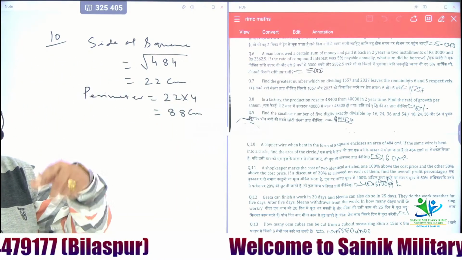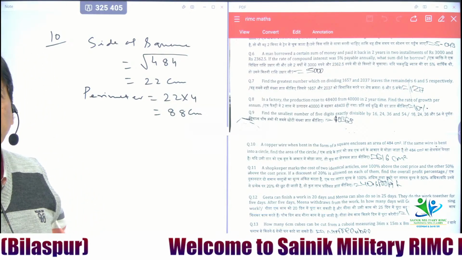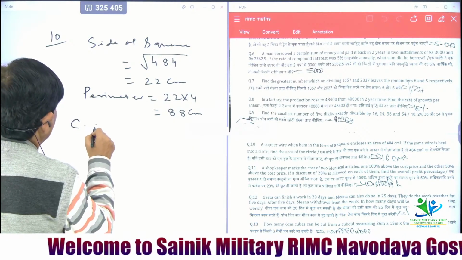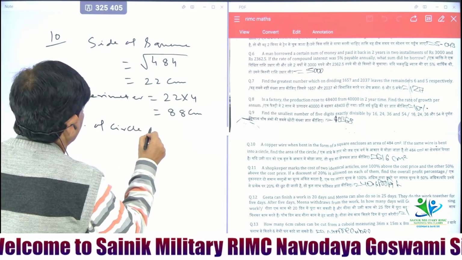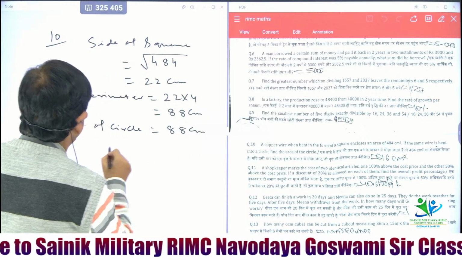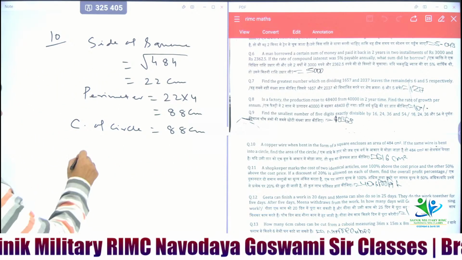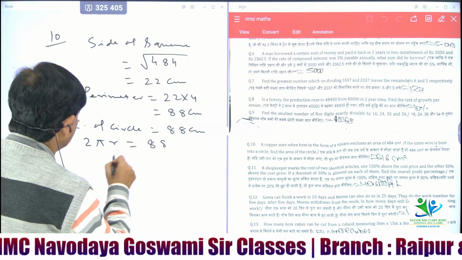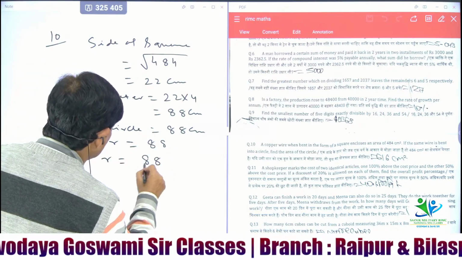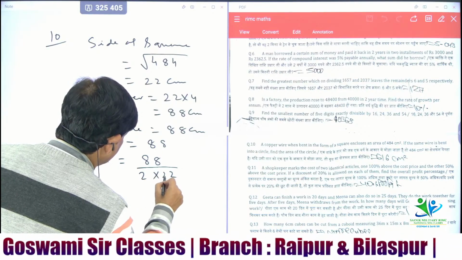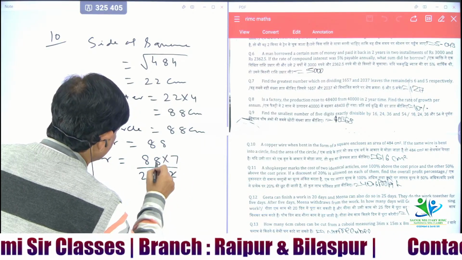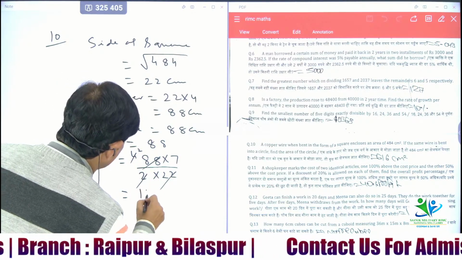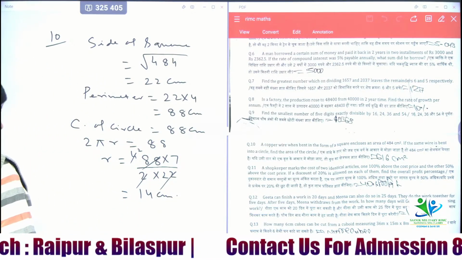This 88 centimeter wire is now made into the form of a circle, so now the circumference of the circle is equal to 88 centimeter, and you know the formula of circumference of the circle, that is 2 pi r, which is equal to 88, and from here r is equal to 88 by 2 pi. Pi is 22 by 7, 7 is here, cancel 4, again cancel 2, and your radius is 14 centimeter. Radius is 14 centimeter.